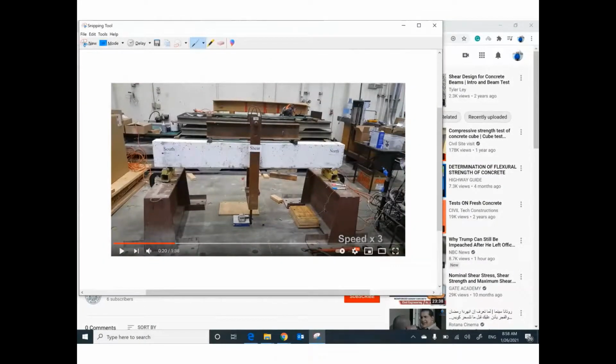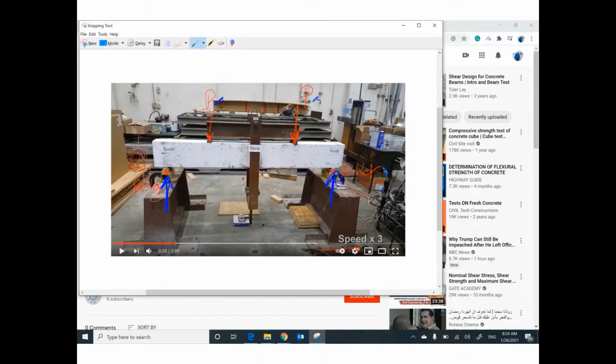Guys, this beam is supported here and supported here. We have a roller and we have a roller. At this point, we have a concentrated load P. At this point, we have another concentrated load P. So guys, if you have forces like P and P, we have a reaction here and a reaction here.